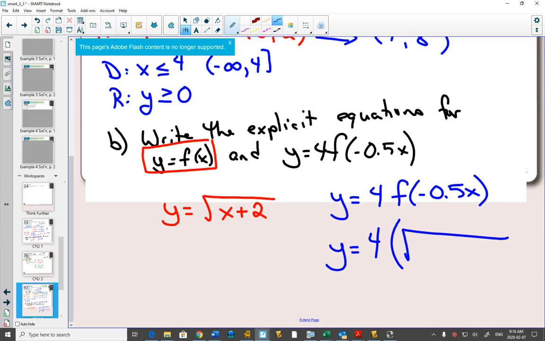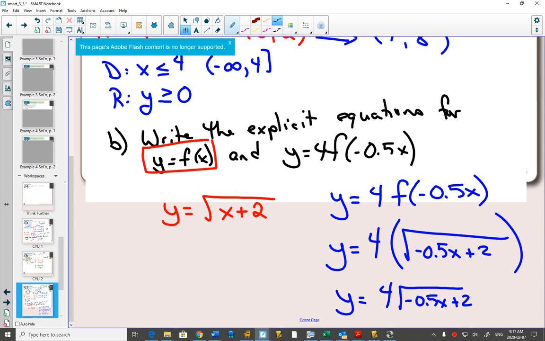Now instead of the x, I'll have negative 0.5x and then plus 2. So if we close the bracket here, this could just be written as 4 square root of negative 0.5x plus 2 in the end.